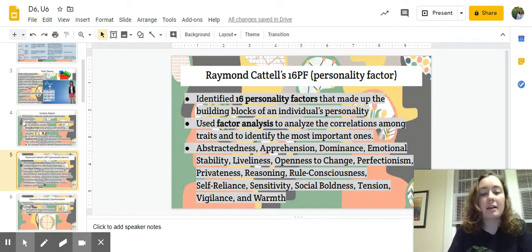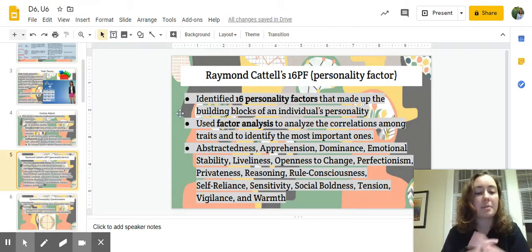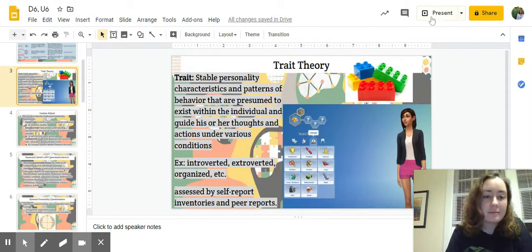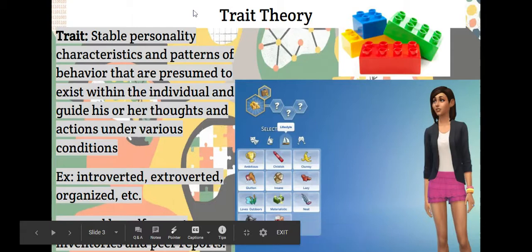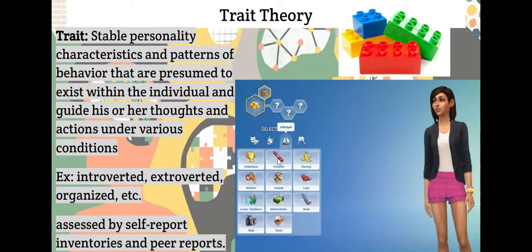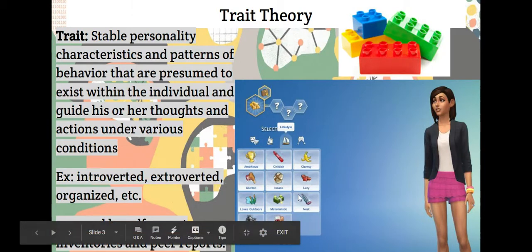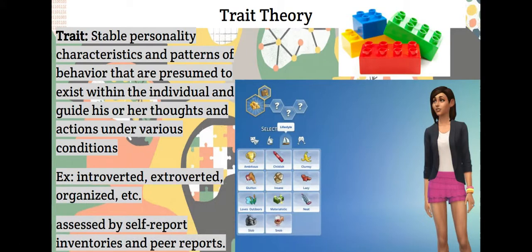So here, factor analysis, they're using this to find clusters of personality traits that are related. So let's go back to The Sims and use our example of factor analysis. So we have here, let's say ambition and something like being neat. So ambition and being neat might be something that's going to cluster together because those traits are kind of seen.